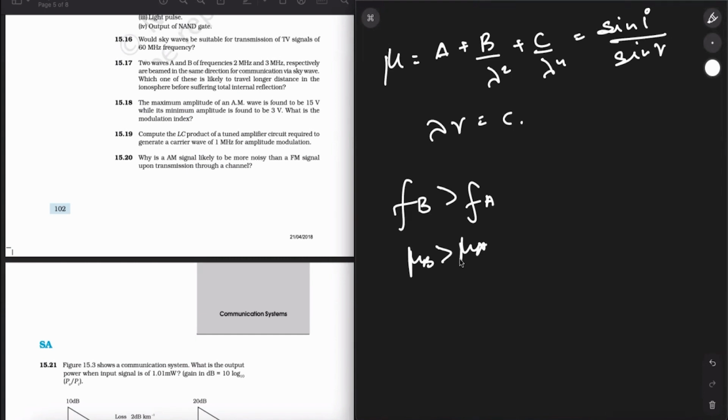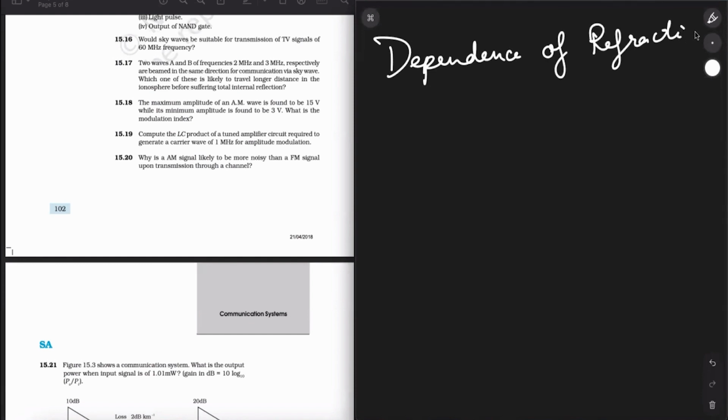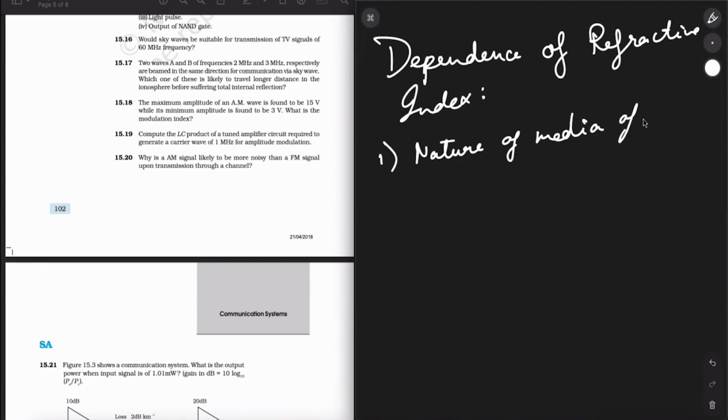Now the important point to note here is that the refractive index of a medium is the characteristic which decides the speed of light in it. Okay, so dependence of refractive index: number 1, nature of media, angle of incidence.